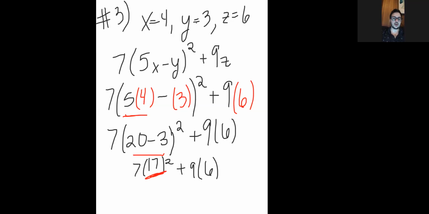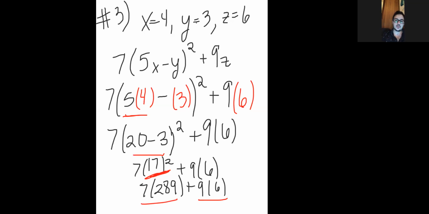We do the square next, and 17 squared is 289. So we get 7 times 289 plus 9 times 6.